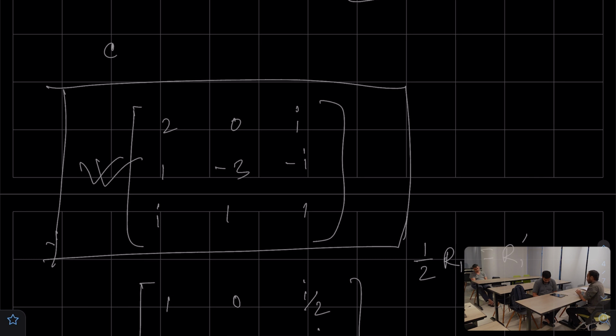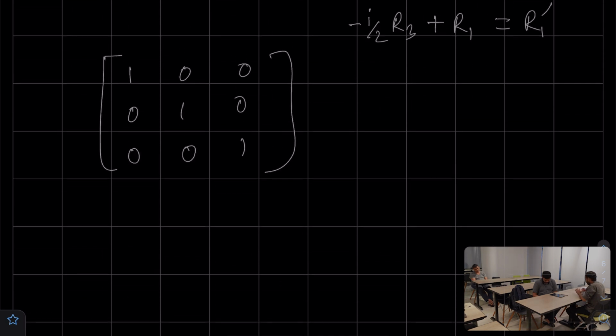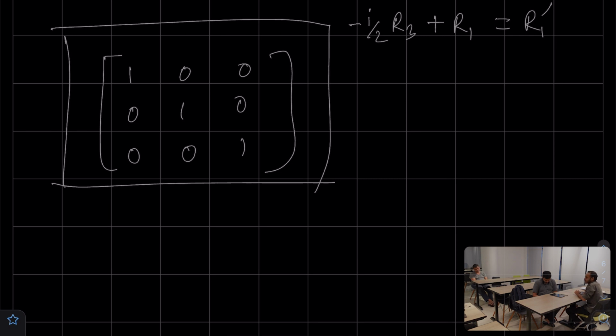Since this matrix is row equivalent to the identity 3 by 3 matrix, in the last class I proved that any matrix that is row equivalent to the identity matrix is an invertible matrix.